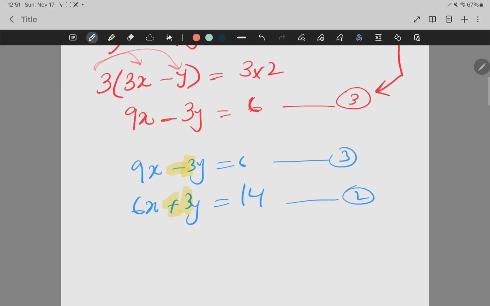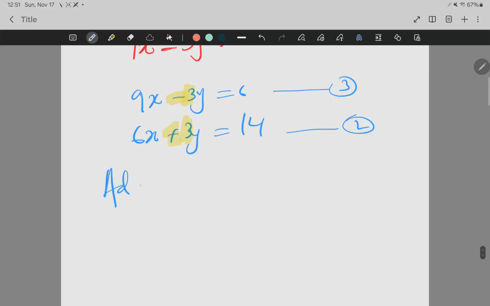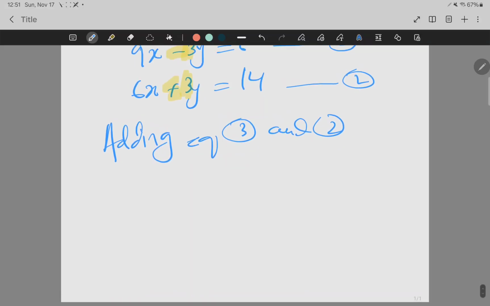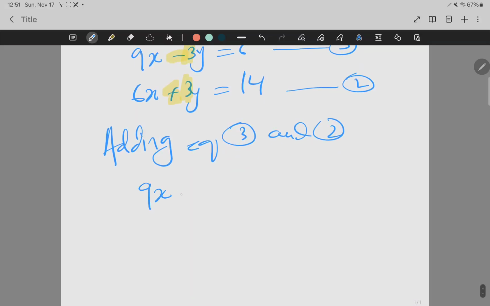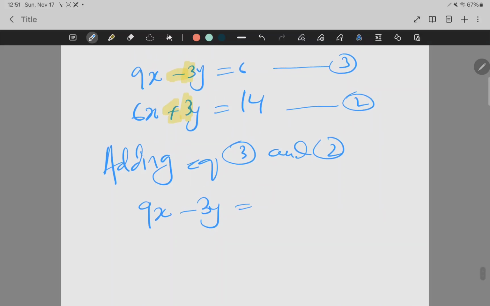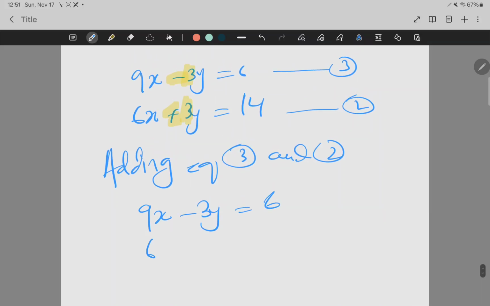And then what we can do is add the equations. So let's do that. Let's add equation 3 and 2.